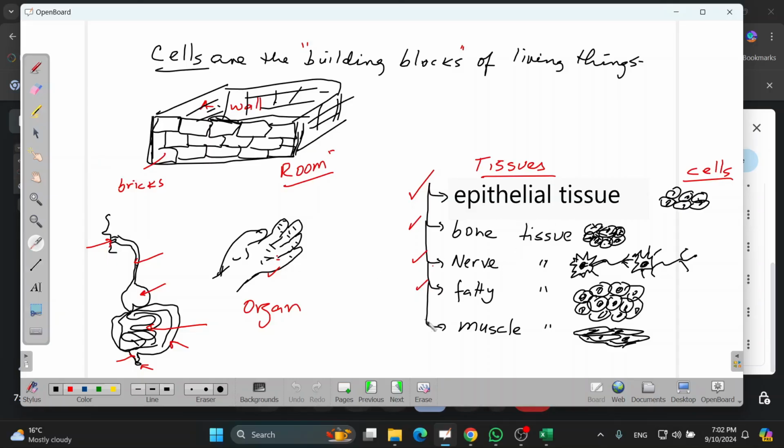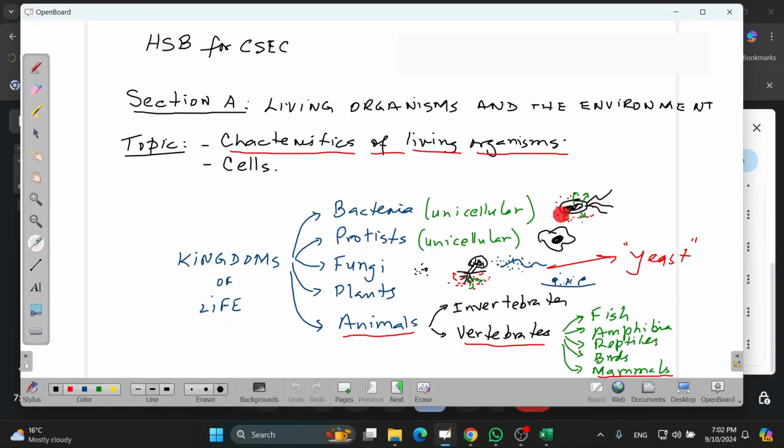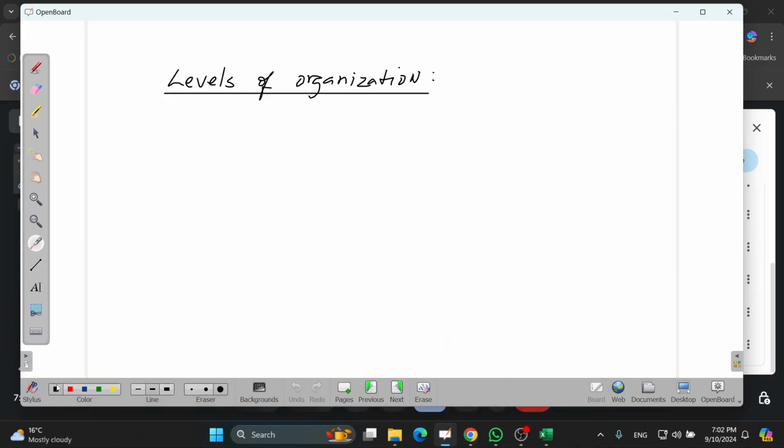Bacteria, guys, bacteria and protists, some fungi, which are unicellular, they are very simple. It's just one single cell. But for those complex organisms like plants and animals, well, they are organized in this way. Look, first we have cells.